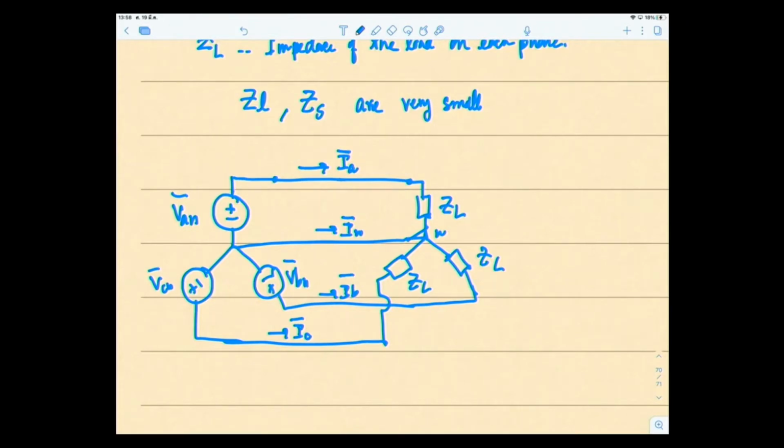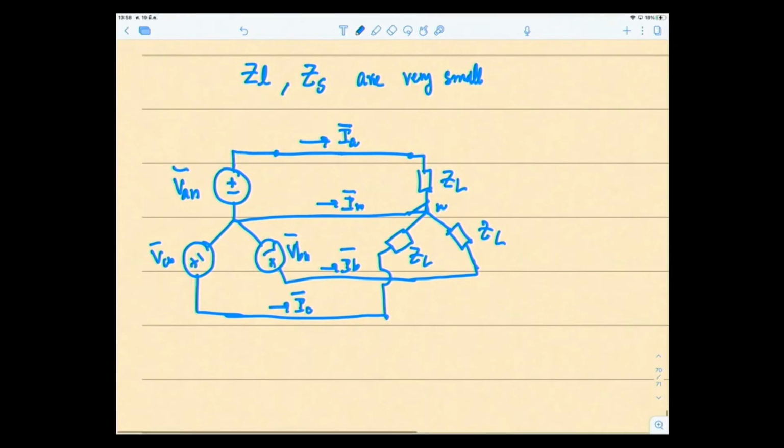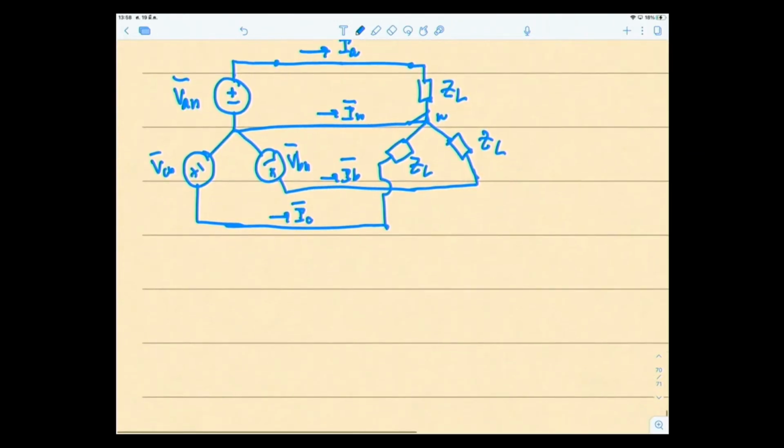So that's what we're going to be dealing with. Right now we need to find I line. So I'm going to start to find the line voltage, the line current, the phase voltage, and the phase current for the YY connections. So let's start.